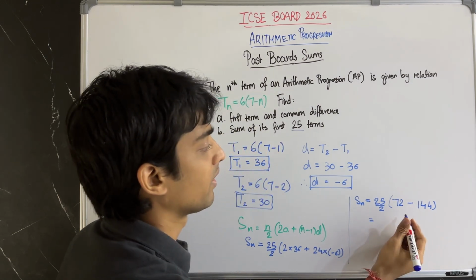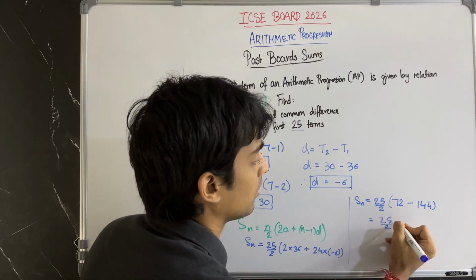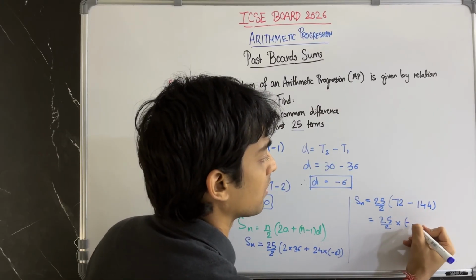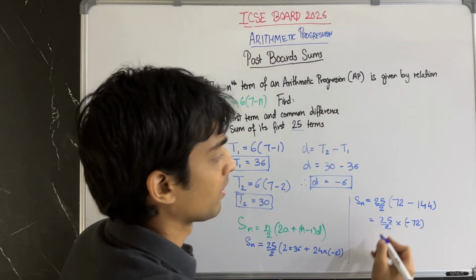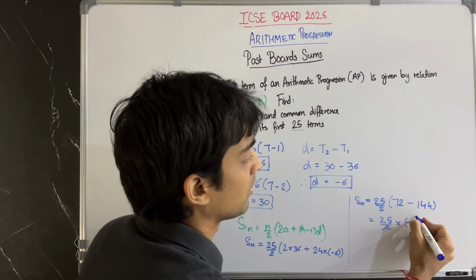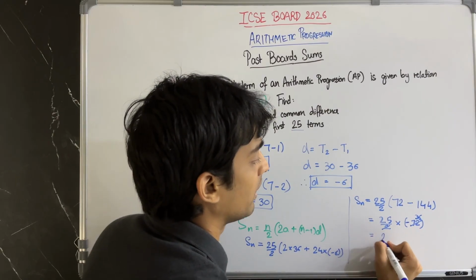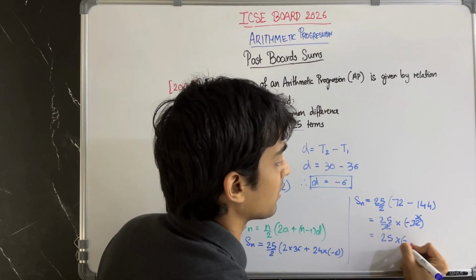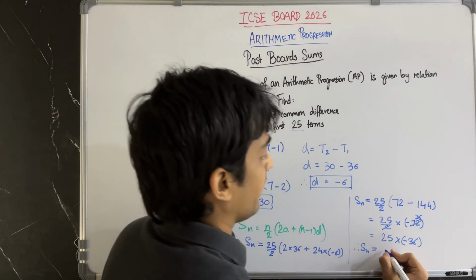When we subtract, we get 25 upon 2 multiplied by minus 72. We get minus 72. We can cancel this. So we will get 25 multiplied by minus 36, which is minus 900.